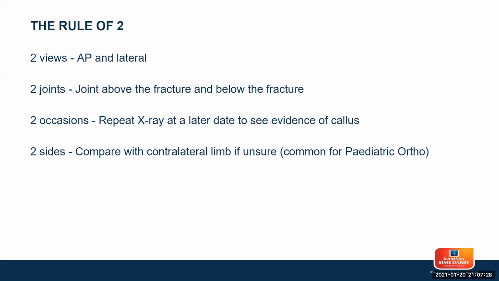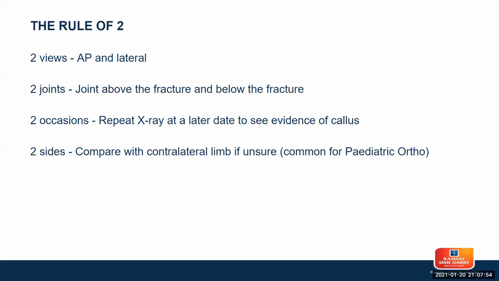All right, when you're reading an X-ray, there's always the rule of two to remember, okay? So you have two views, commonly AP and lateral. You have two joints. You have to visualize the joint above the fracture and the joint below the fracture. Sometimes you need to do the X-ray on two occasions. If you cannot identify it correctly on the first, you take it at a later date to see if there's any evidence of callus or if there's any healing or any change compared to the first X-ray.